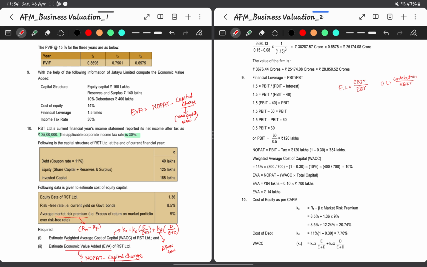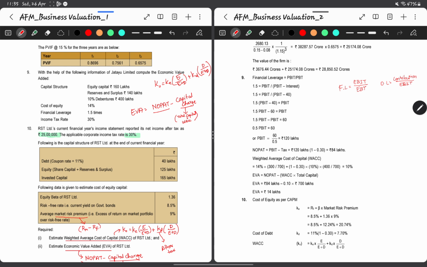Okay, going further, as we can see, we need NOPAT, then capital charge. Total capital we know: 160 plus 140 plus 400 will give us the total capital, and weighted average cost of capital we have to find out. So weighted average cost of capital is nothing but KO, which is KE multiplied by E by E plus D, plus KD multiplied by D by E plus D, wherein KD is the after-tax cost of debt.